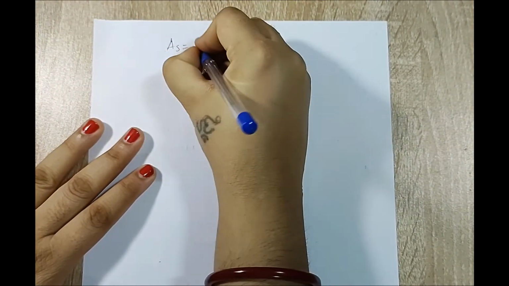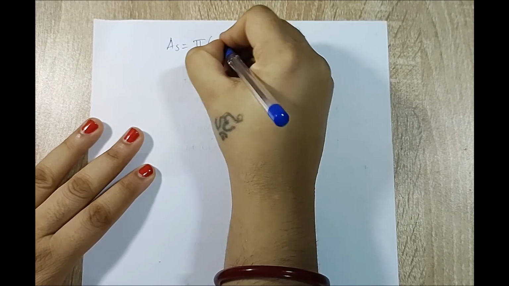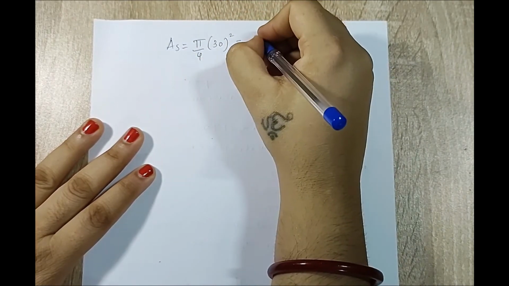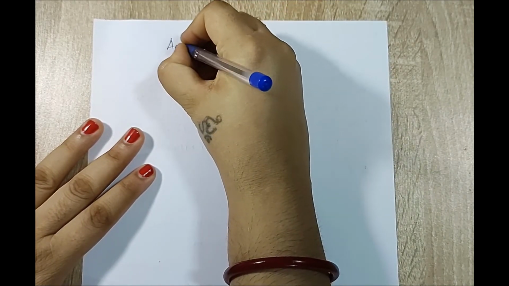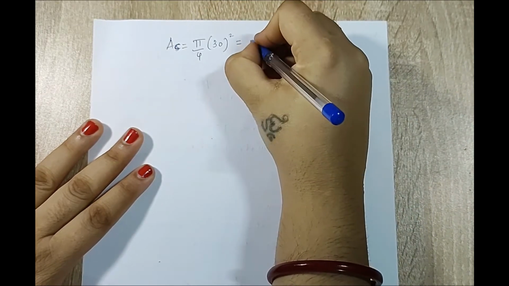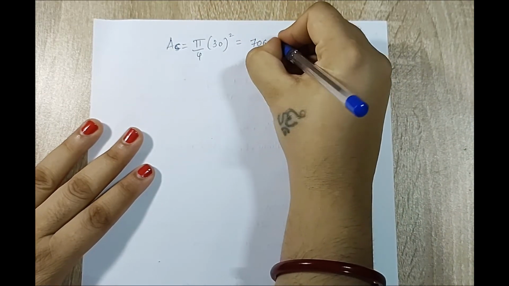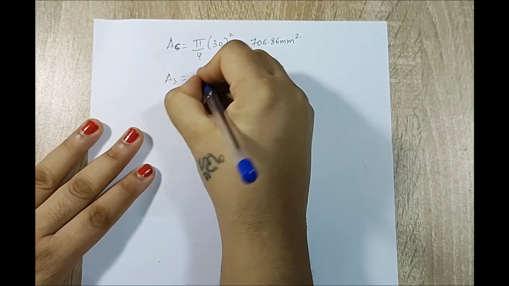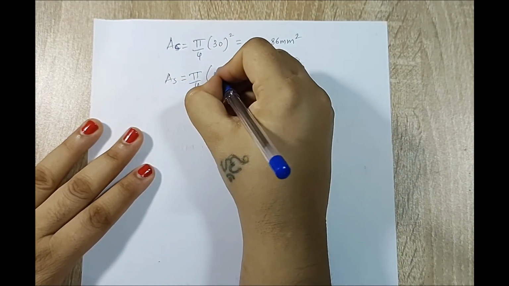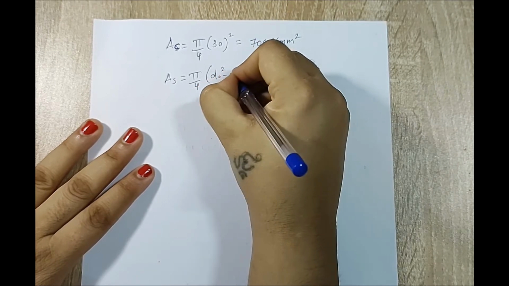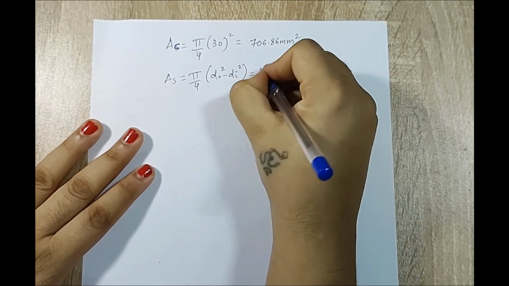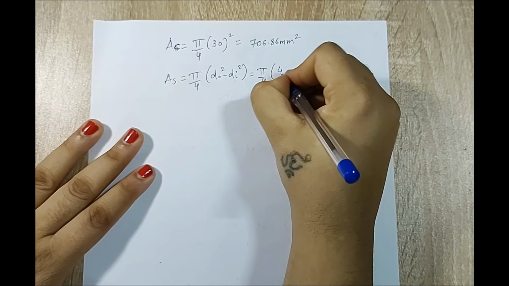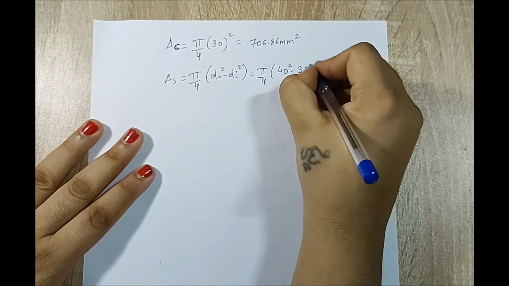So let's quickly calculate the area. For copper, pi by 4 into 30 square. It is 706.86 mm square, and the area of steel will be pi by 4 into d outer square minus d inner square, which is pi by 4 into 40 square minus 32 square.